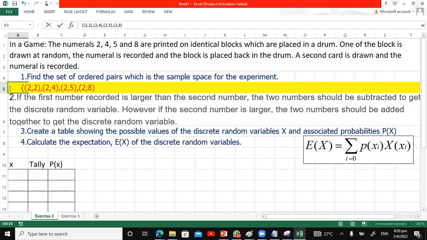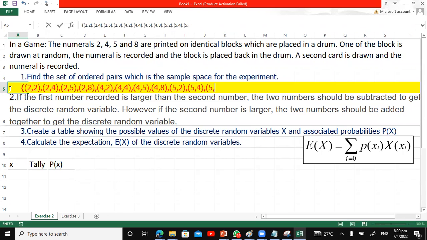Next set that we could have is, the first one could have been a 4. 4 could be followed by a 2. 4 could be followed by a 4 because we would have returned the number into the drum. Next one could have been 4 followed by a 5. 4 followed by 8. Next one could have been a 5 followed by a 2. 5 followed by 4.